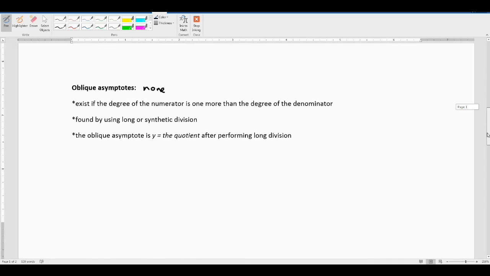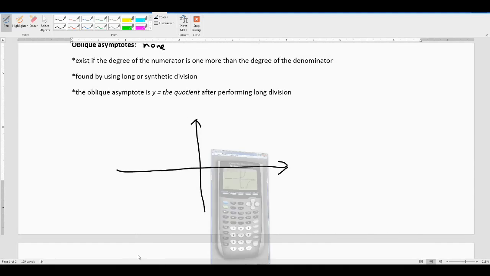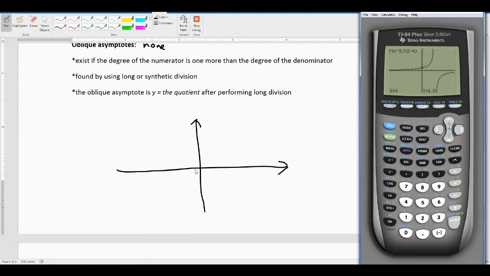So now we're going to put all this together and graph it, which we already know what the graph looks like, because we put it in a graphing calculator. This just helps us. We know we have a y-intercept at 0, 1.25. We know we have a vertical asymptote, 1, 2, 3, 4, at x equals 4. And we know it goes up that way and that way.